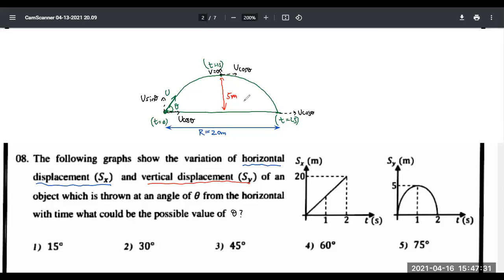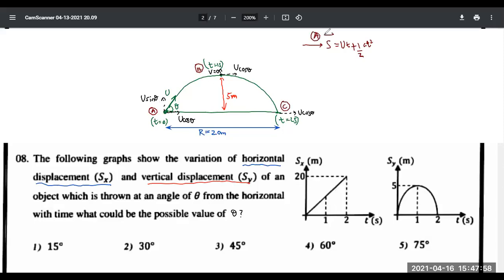So you should be able to mark this information in a diagram like this after analyzing these two displacement time graphs. Now we are going to find out theta. Easy. First of all, let's apply the S equals ut plus half at squared equation horizontally. I'll mark these points A, B, C. From A to C directly.